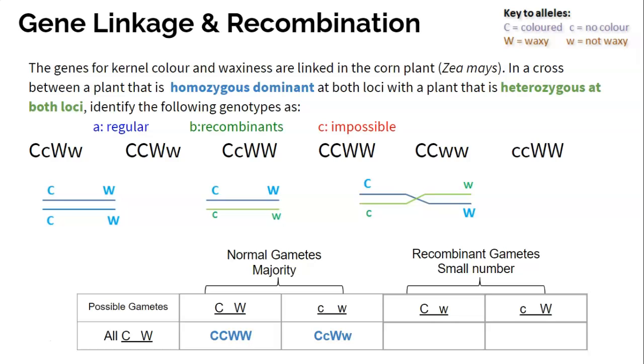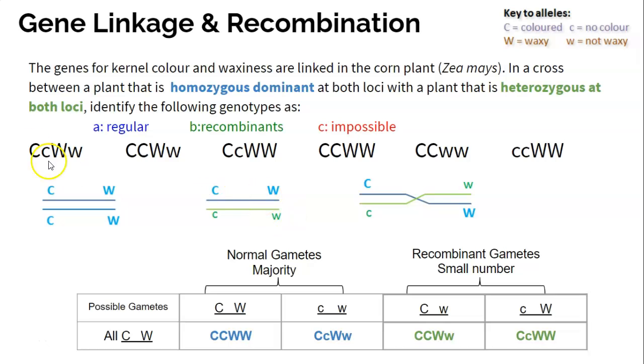And then heterozygous for both traits, that's a regular one because that's what you would expect to see in this cross. Our recombinants look like this, where you have homozygous dominant for C's, heterozygous for W, or heterozygous for C's, homozygous dominant for W. These are recombinants. They're not what you expect to see, but are possible recombinant offspring if crossing over occurred.